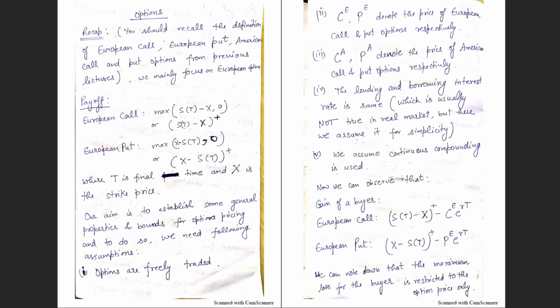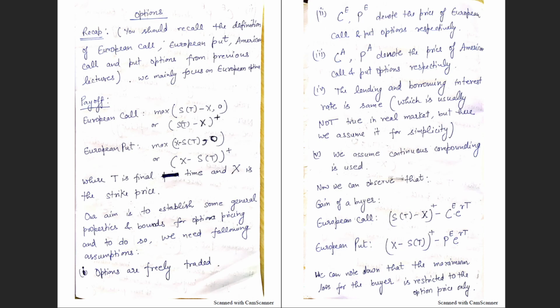If he doesn't want to, he may skip the exercise of the option. In such a way, he has some leverage. For that leverage, he has to pay some price initially, and that's the difference. In forward, there is no price payment initially, but in options, he has to pay some price initially, and that price is called the option price.